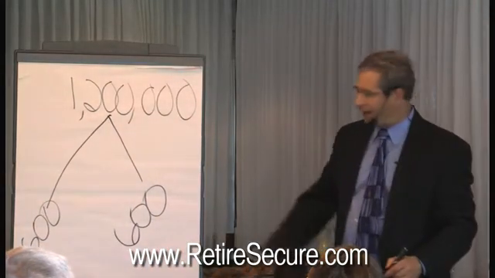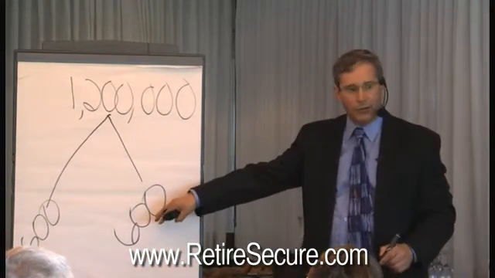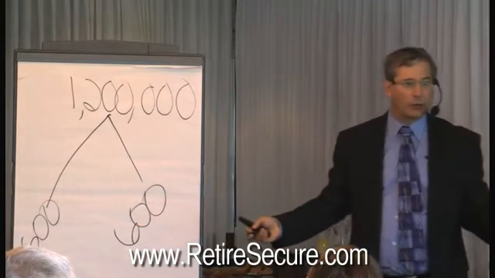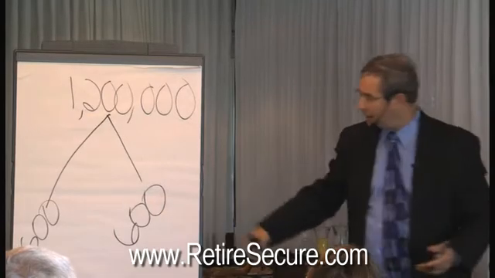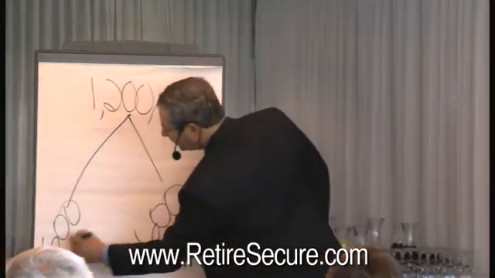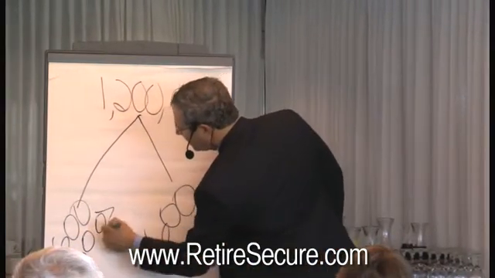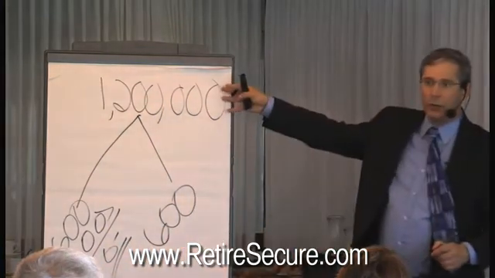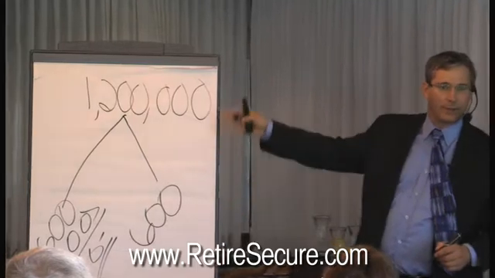Then at the second death, the money in the trust was not subject to estate tax because the spouse didn't own it. They just had the income from it. There was a $600,000 exemption, so you could pass $1.2 million without any taxes.